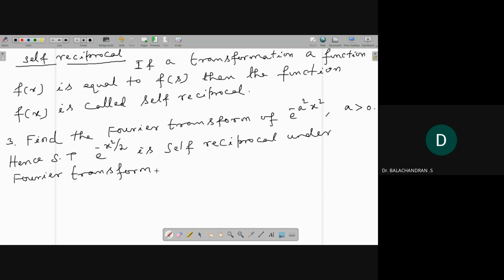Okay, so first we should write again the definition of Fourier transform. Fourier transform of f of x.